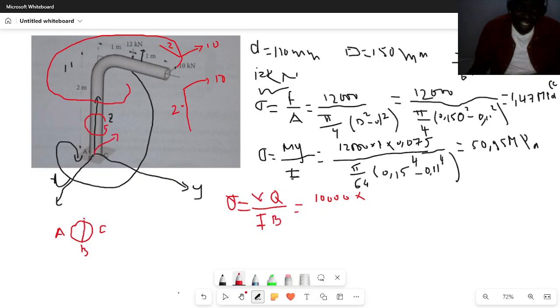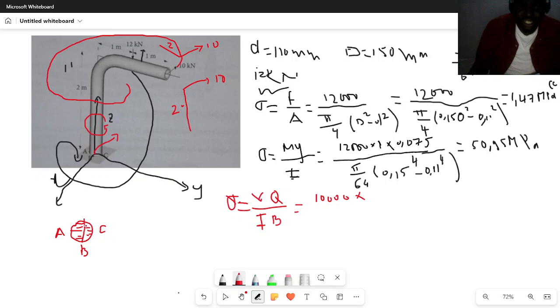Due to that, point B is the neutral axis. The shear force will only be felt around the A axis and the C axis, because those points are not on the neutral axis, and I've explained this earlier in one of our first classes. We spent some good time on this.